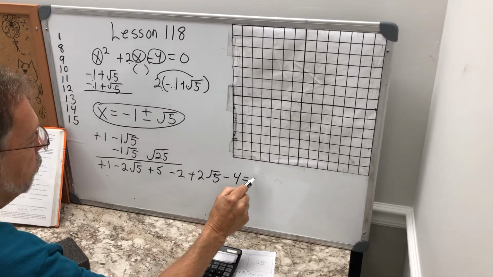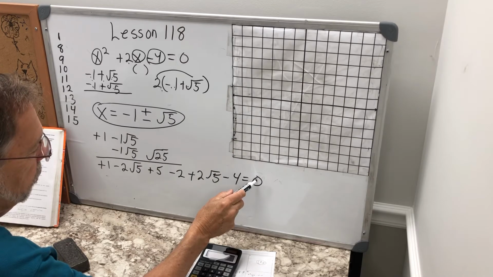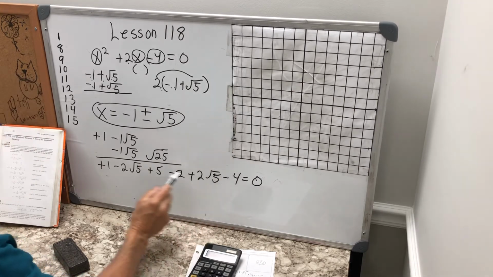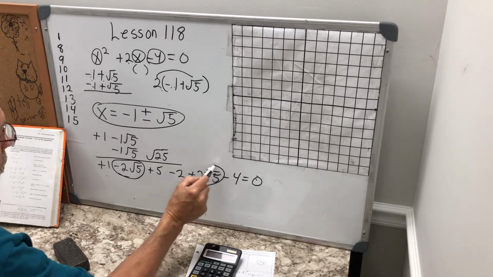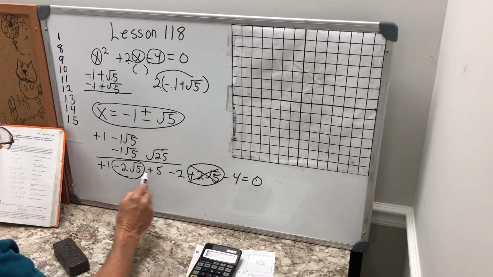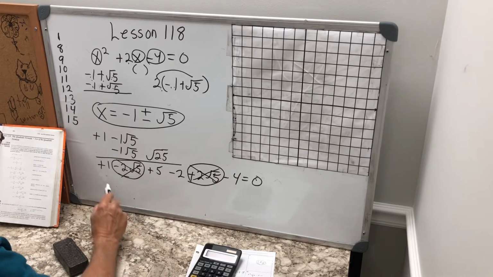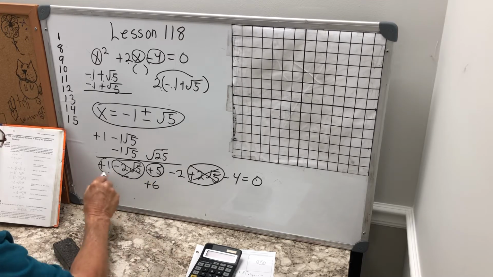Now, if we have solved correctly for x, all of this is going to equal 0. I see a negative 2 root 5 and a positive 2 root 5. Put those together, we cancel out. Is that correct? Positive 1 and a positive 5 is a positive 6. Those two put together are positive 6.